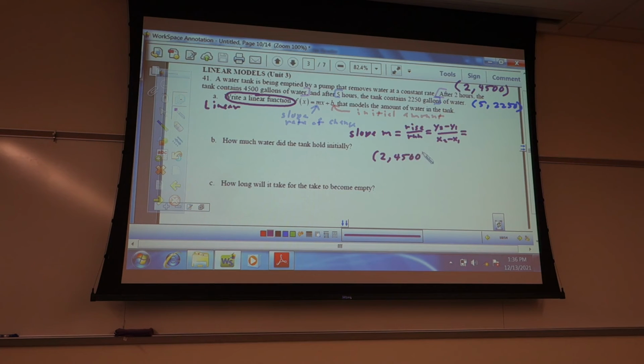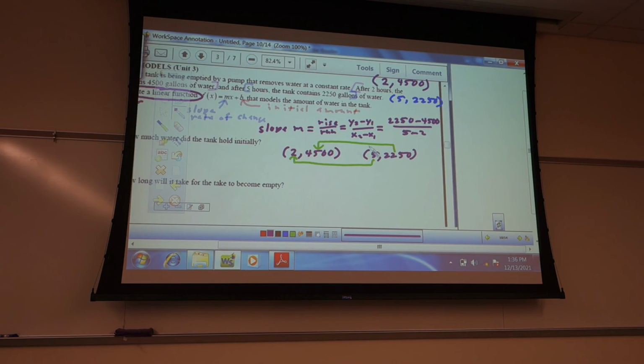Doesn't matter which one you do first, as long as you have them both in there. The y's are on top, I subtract them on top, and then I do the x's down below. So here I'm going to have 2,250 minus 4,500 over 5 minus 2. And I think we end up with negative 750.